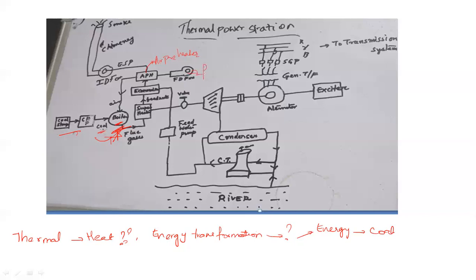So once you force the atmospheric air into the air preheater to raise its temperature a little, this air is admitted into the boiler. Okay, so coal in the powder form and air for combustion is ignited in the boiler.